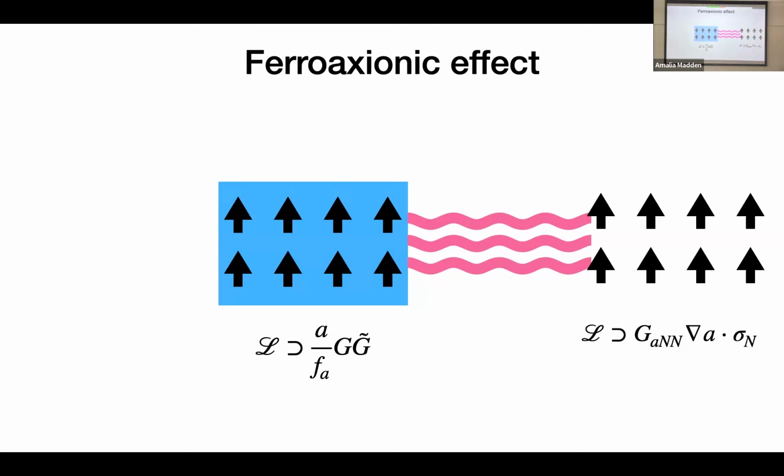And apart from that, to source the axions, you don't really need to do anything. Well, you need to polarize the nuclear spins, but other than that, there's nothing extra that you need to do.